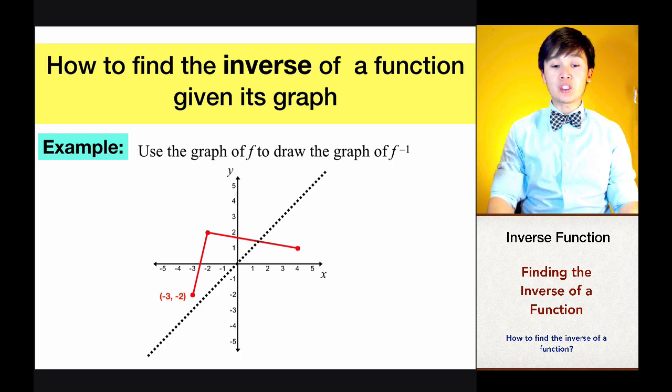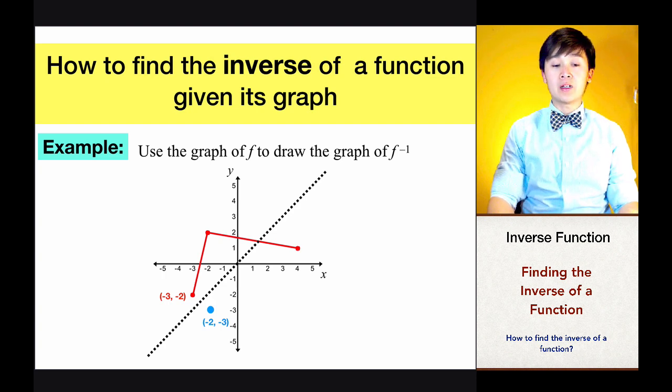So if we interchange -3 and -2, we'll have -2 and -3, which is the inverse of that particular point in our f of x. So this is our inverse function, or one of the points in the inverse function, which is -2 and -3, and we're going to place a dot on that particular inverse.